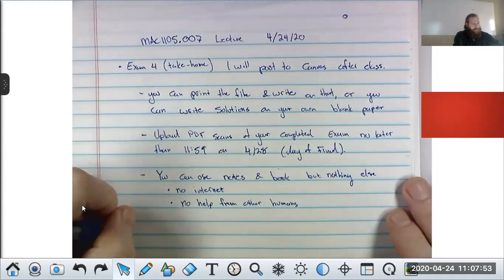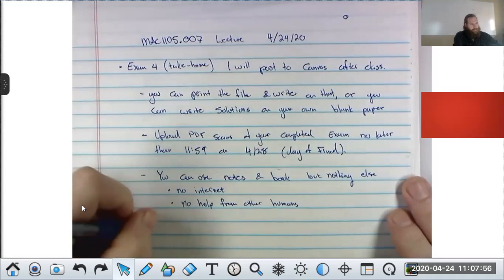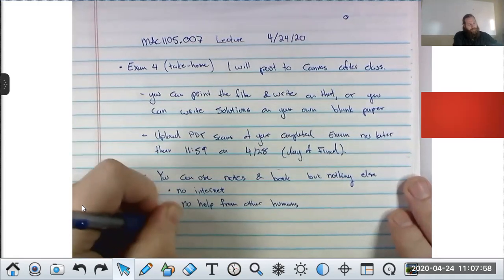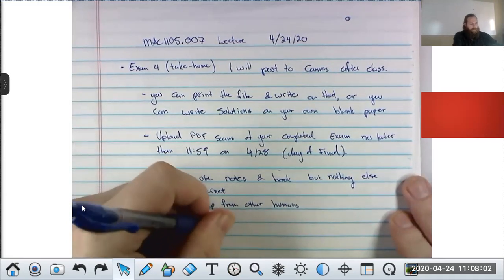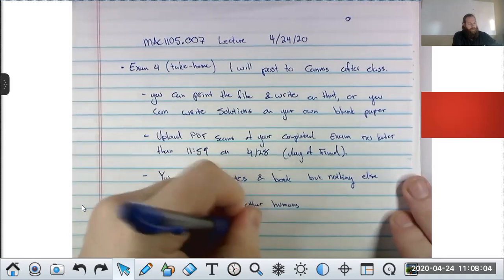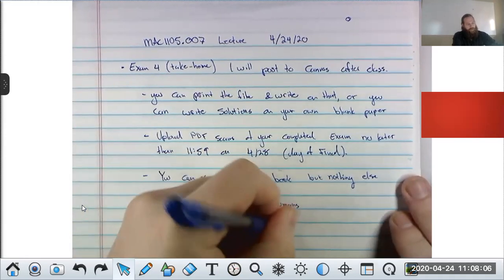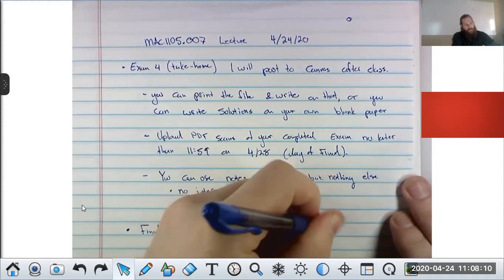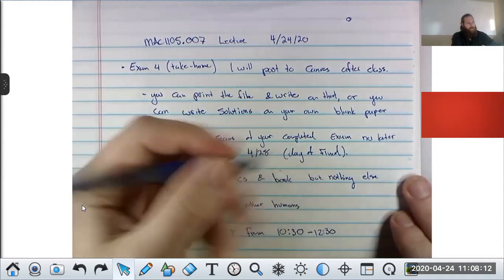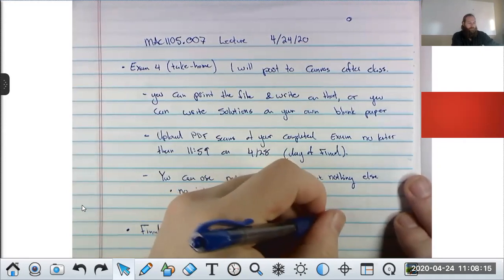The final exam, which again is on the 28th, has to be during this time from 10:30 to 12:30. So that's from 10:30 a.m. to 30 minutes after 12 noon.